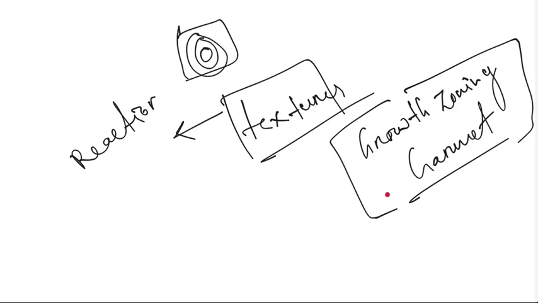So what happens in growth zoning of garnet? Basically the manganese bearing garnet. These are very important because they are very sensitive to pressure and temperature. But other garnets can also be used, but manganese bearing garnets are much more sensitive than other garnets.